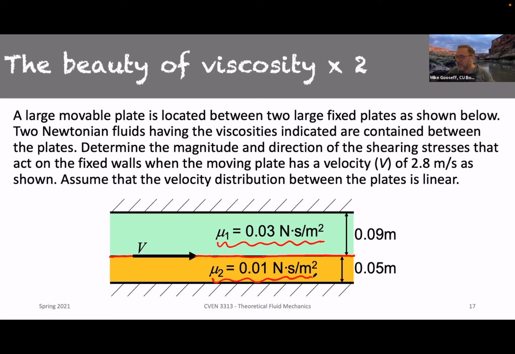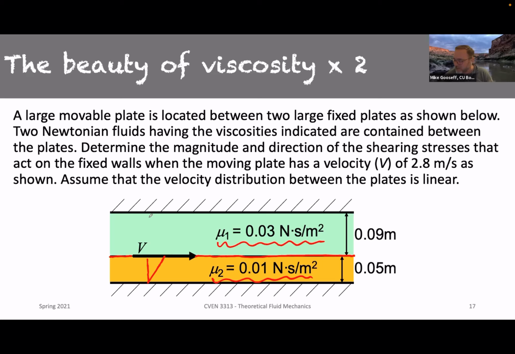Determine the magnitude and direction of the shearing stresses that act on the fixed walls when the plate has a velocity of 2.8 meters per second as shown, and assume the velocity distribution between the plates is linear. So what that means then is we go from zero velocity at the surface to a velocity of v at the middle plate, right?